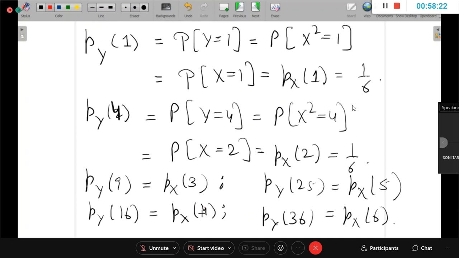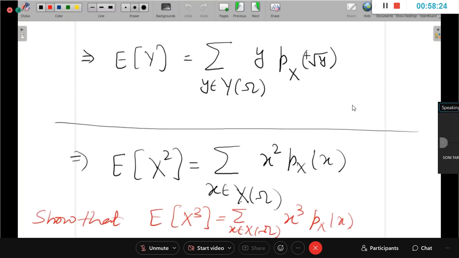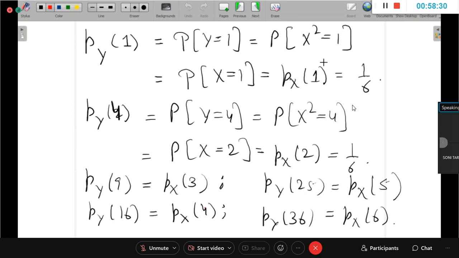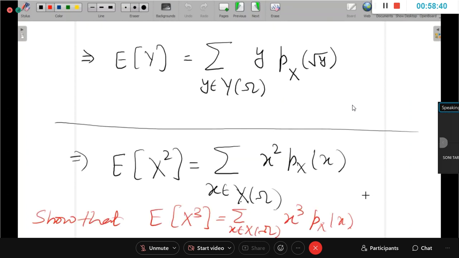So this is the y value and you are taking the positive square root. I'm not attaching plus minus here, because the only possibility is plus. 9, 3, 4, 2, 1, 1, 36, 6, 25, 5. Understood, sir.